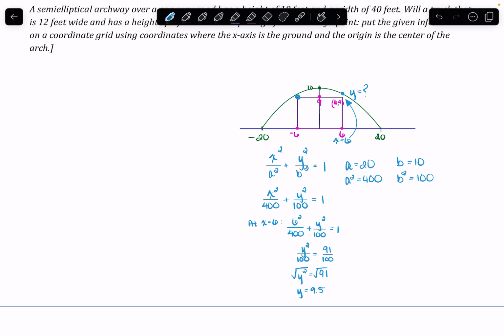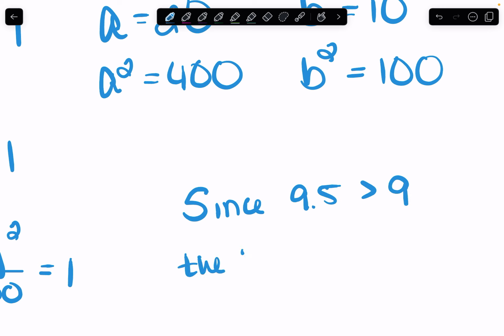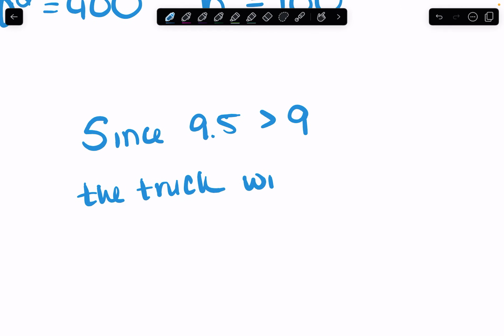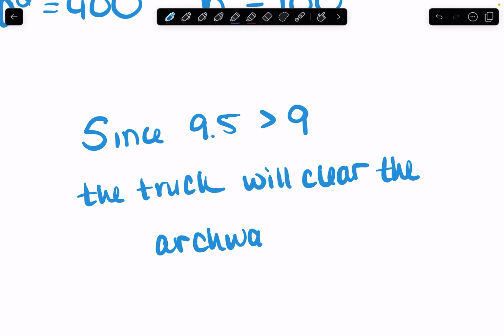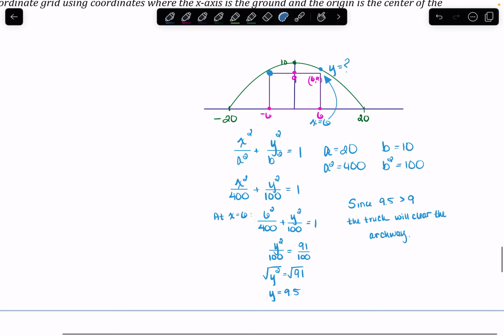So since 9.5 is bigger than 9, the truck is going to clear the archway. So we'll just put: since 9.5 is greater than 9, the truck will clear the archway, or it will fit, however you would like to word that. It means it's safe to drive under without getting stuck or hitting something.